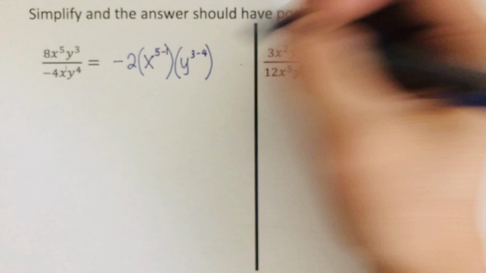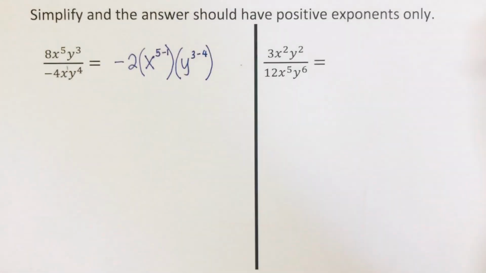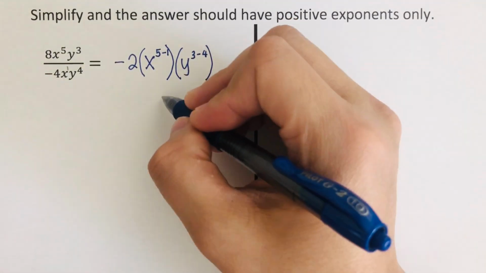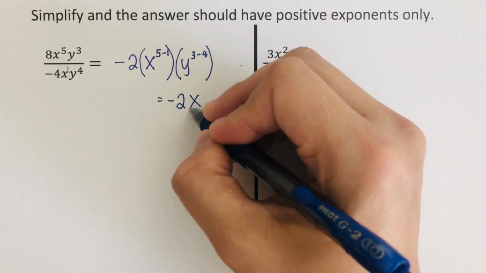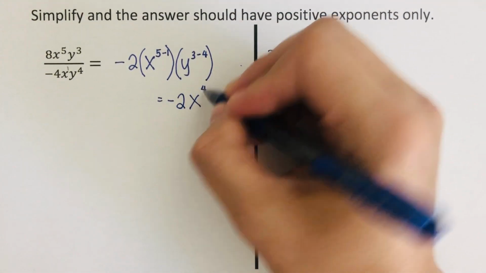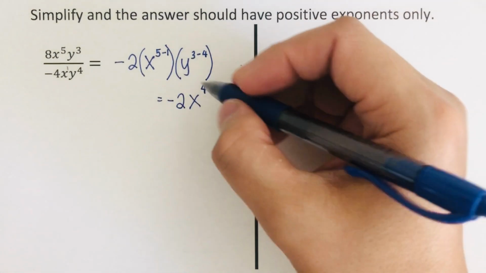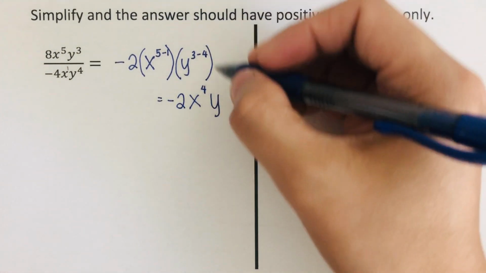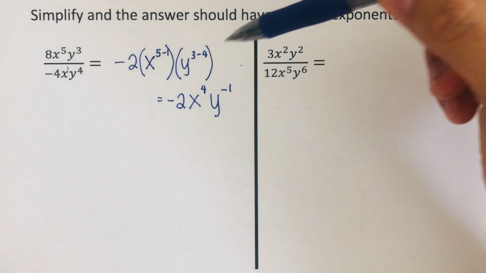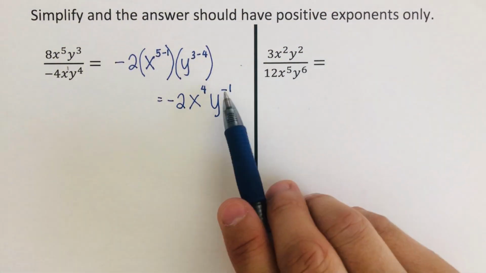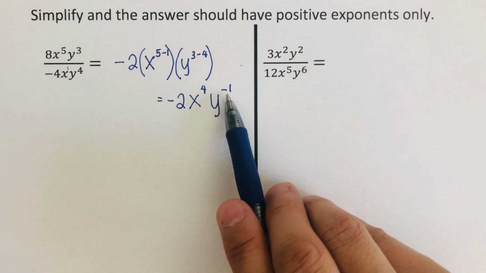So then from here, we can simplify this. So I'm just going to write that down here. So that is -2 x to the 4th power because we have 5 minus 1 is 4. And then the y here is -1. Now, here's the thing. Since we wanted to have a positive exponent, this one messed it up because that's -1.